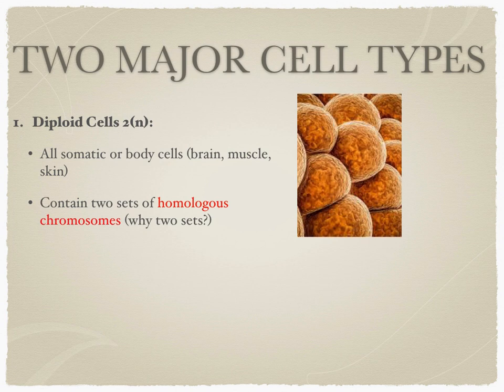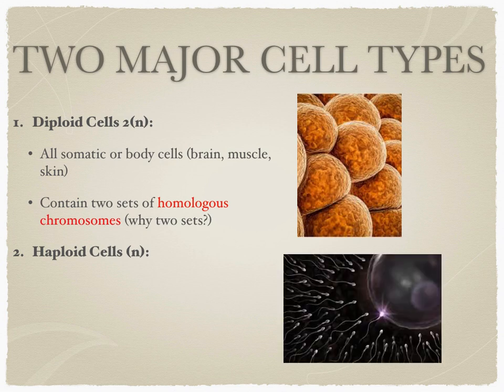Now, we have another type of cell, a cell that we'll be more focused on in this particular topic, and they are haploid cells. Sperm cells are haploid, and egg cells are also haploid.